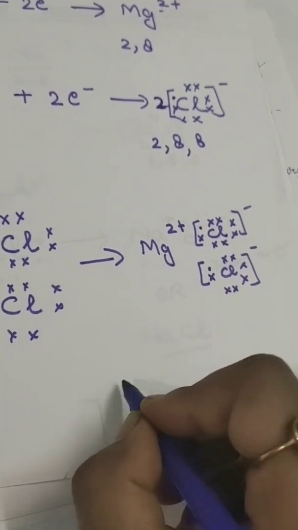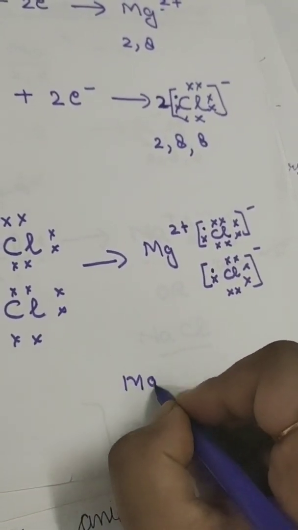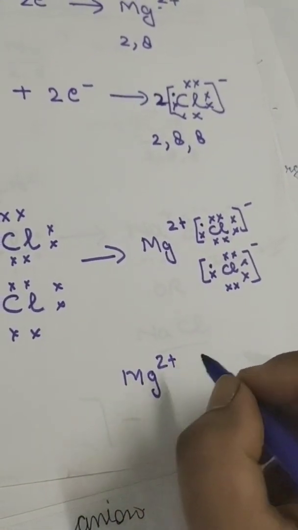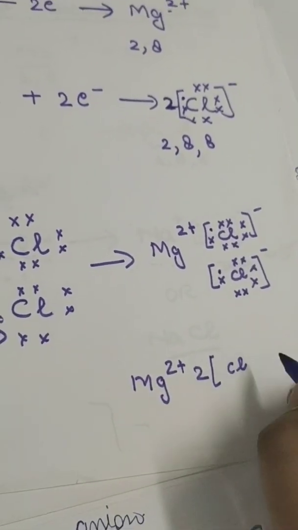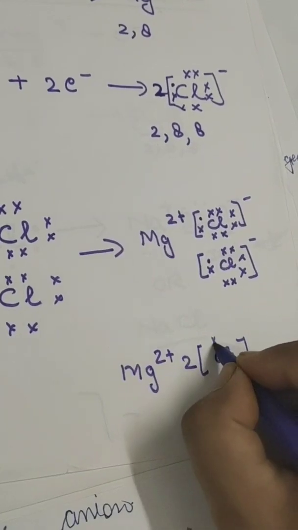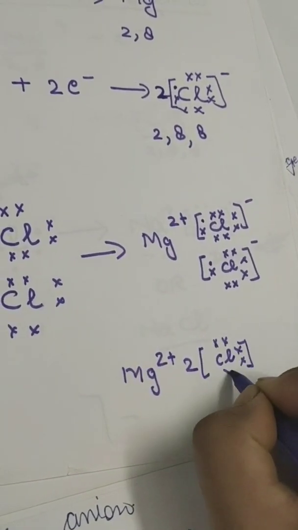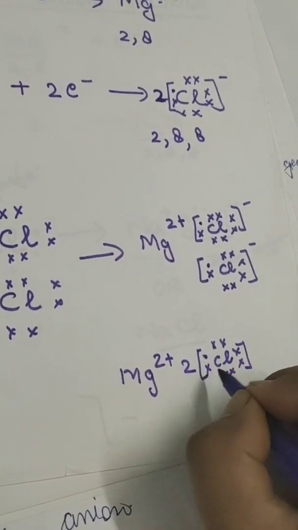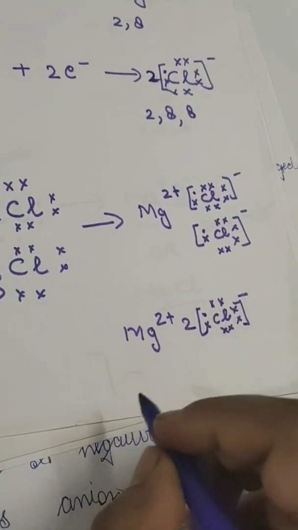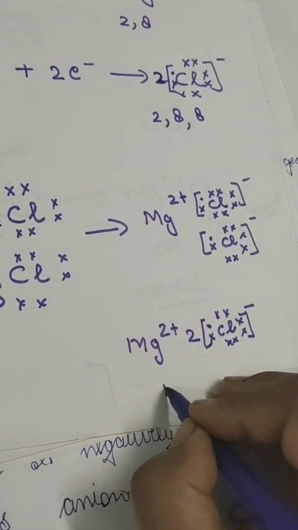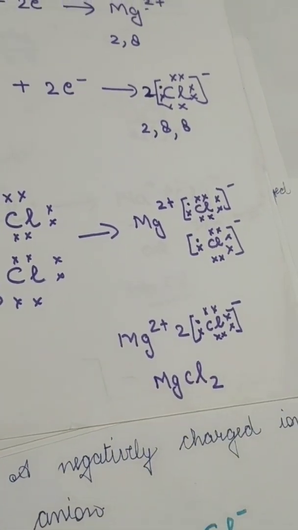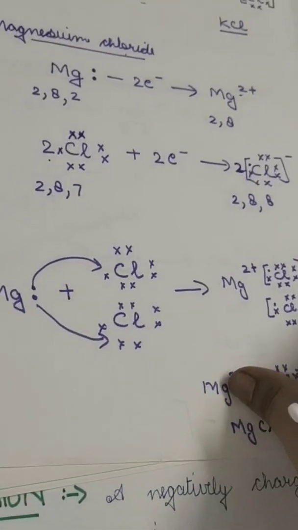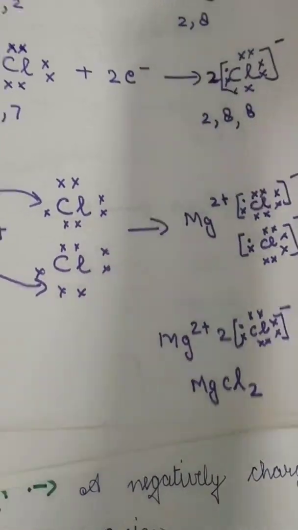Or we can write like this, Mg 2 plus or 2 Cl. Okay, I hope it's clear to every one of you. Or we can write like this, MgCl2. Yeah. So one more example we will be taking.